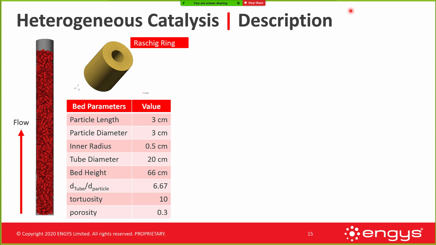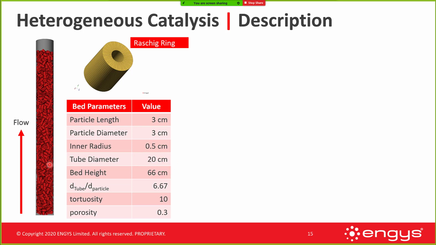And the specific case that I'm talking about today is a packed tube of Raschig rings. Here's just some parameters about the packed bed itself: 3 centimeters, and a radius of the Raschig ring is 0.5 centimeter. Tube diameter is 20 centimeters.